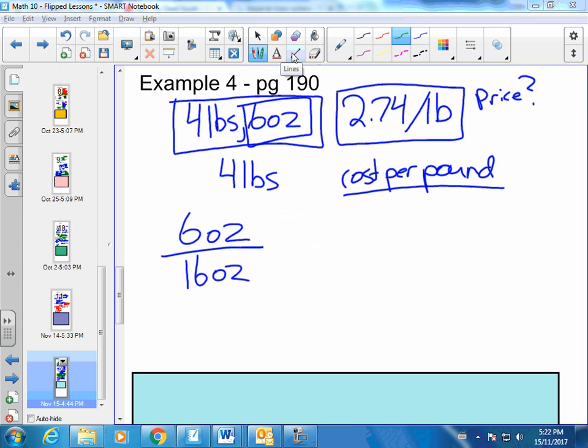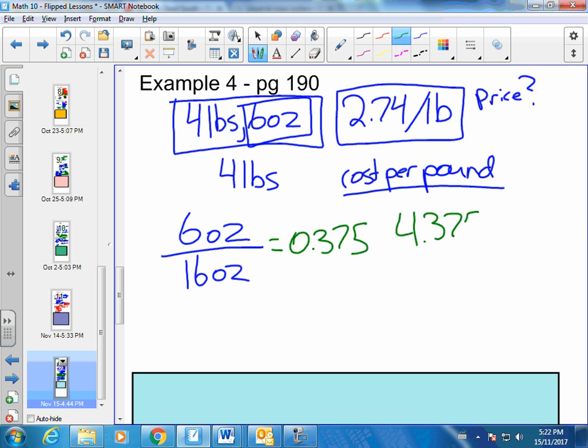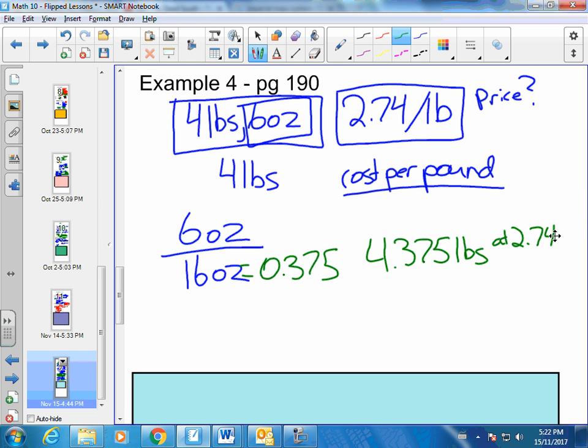0.375. Okay, so what that means is I actually have 4.375 pounds at $2.74 per pound. So in order to figure out my total, I multiply.